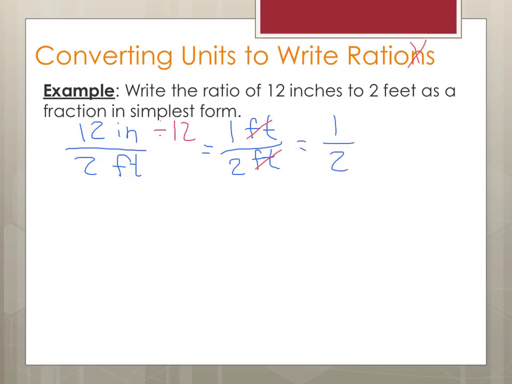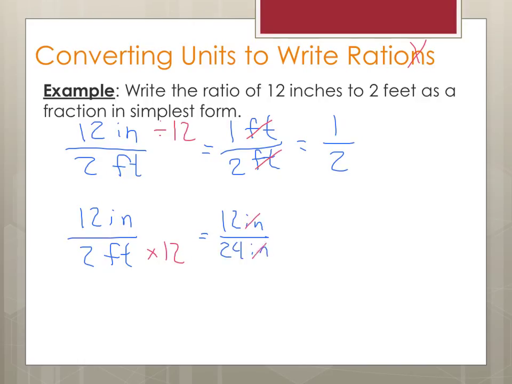Conversely, I could have converted the feet to inches. Let's see what that would look like. If I started again with 12 inches to 2 feet, I can multiply the feet by 12 to get that feet in inches. When I do that, I still have 12 inches on the top, and then 24 inches on the bottom.